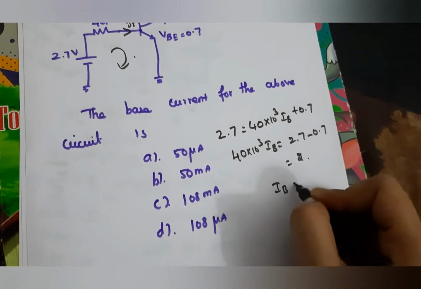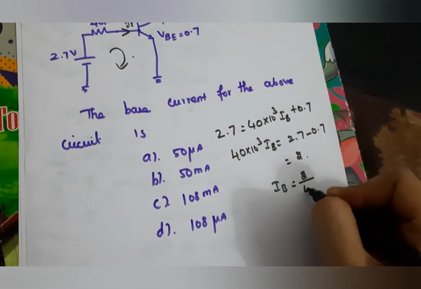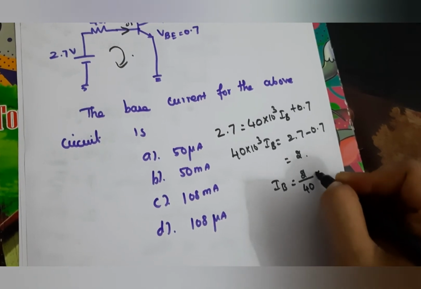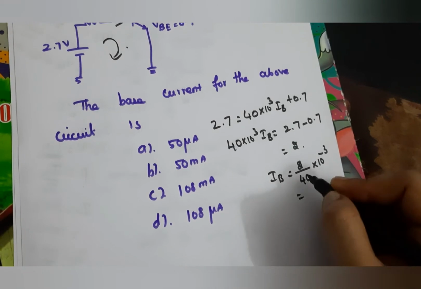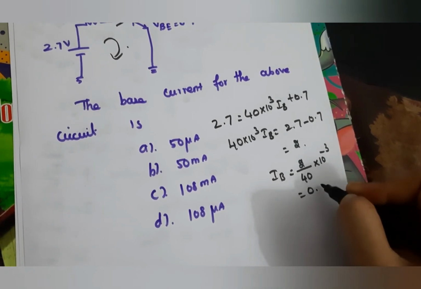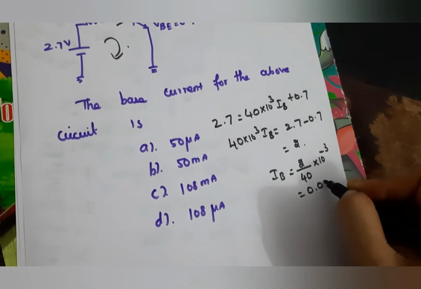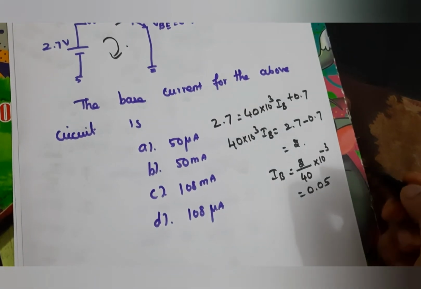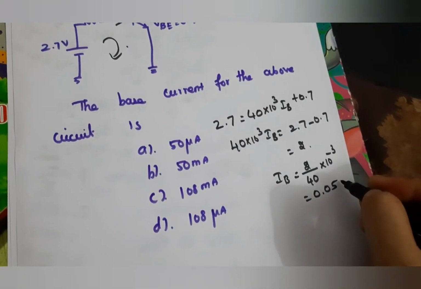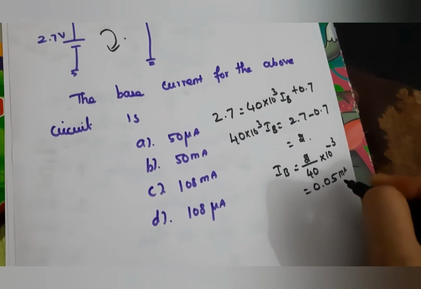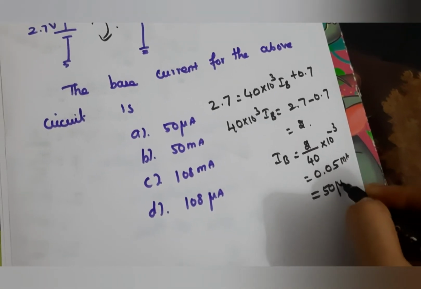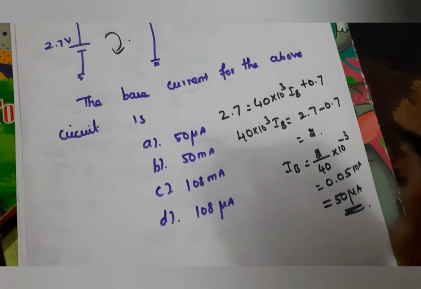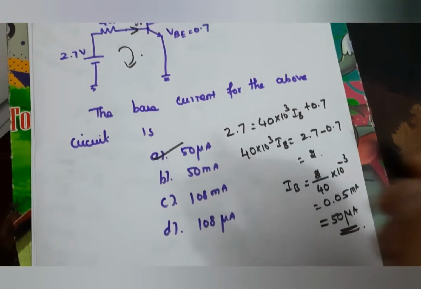Now IB is equal to 2 divided by 40 into 10 to the power 3. So this becomes 0.05 milliamps, otherwise this can be written as 50 microamps. So here the answer is A, 50 microamps.